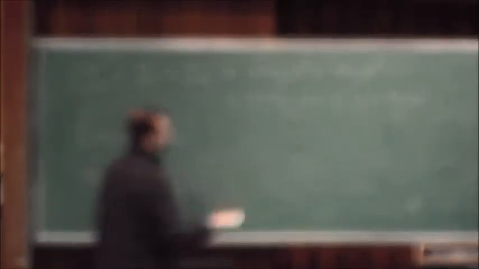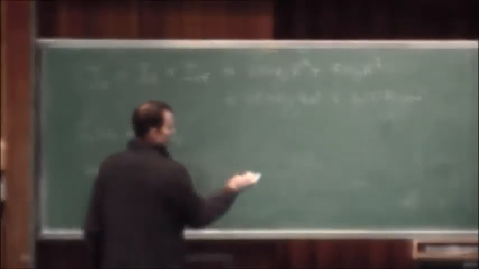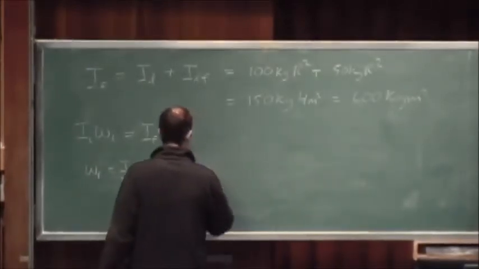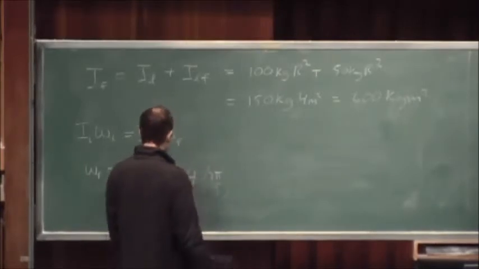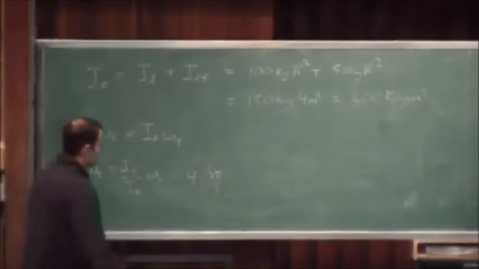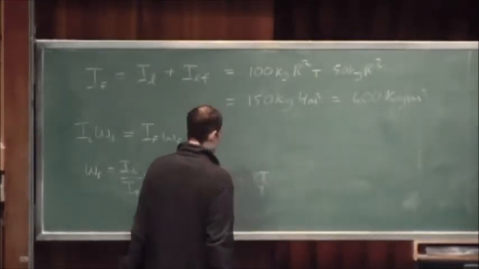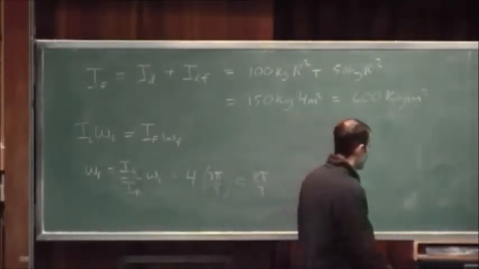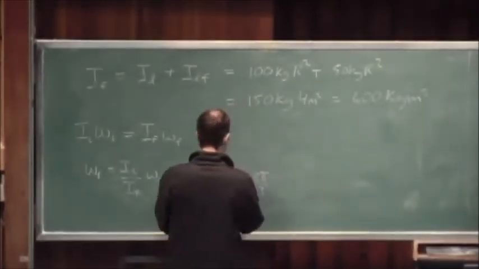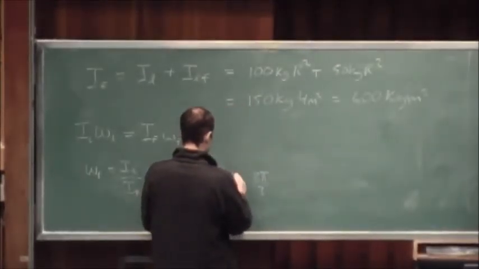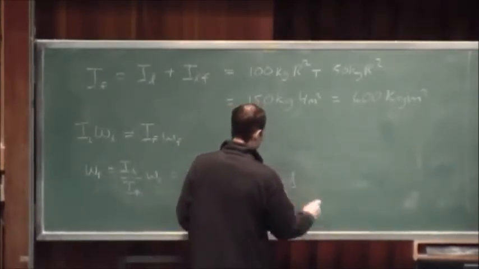And so let's just approximate this as being 4. So I get 4 times 2 pi over 3. Right? And so we see that this gives us 8 pi over 3. And we should write it clear, this is in radians per second.